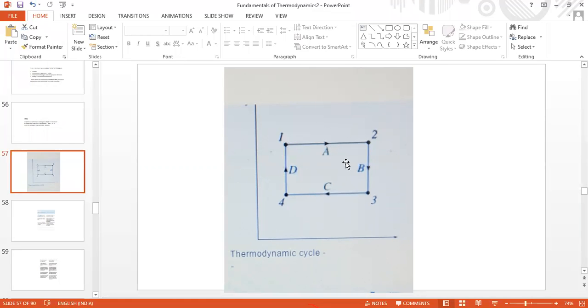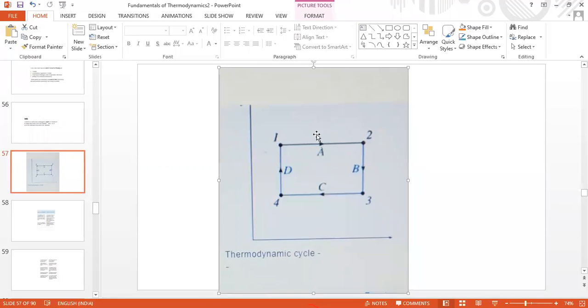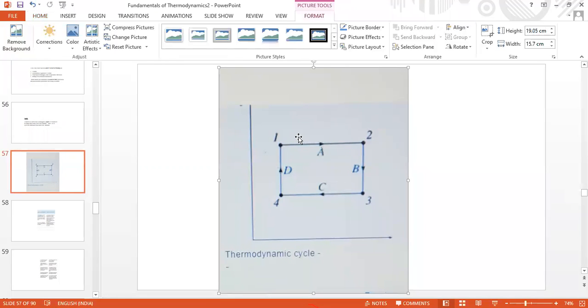I said in the earlier classes, if the cycle goes in a clockwise direction like this, 1, 2, 3, 4, 1, a clockwise cycle gives positive work. That means some work will be done by the cycle. So the area here represents the work done by the cycle.